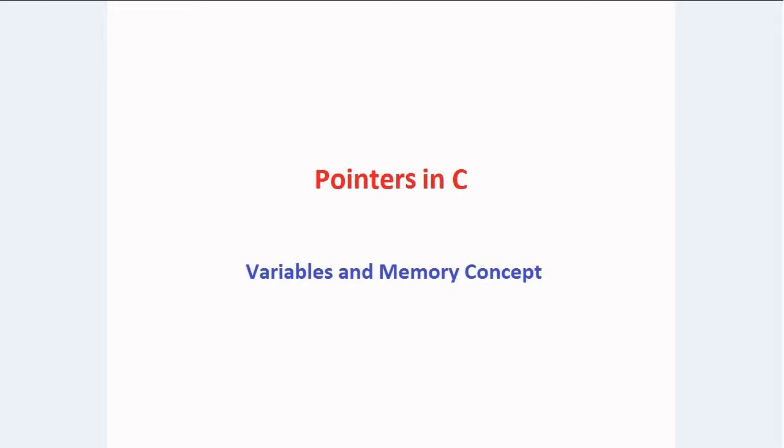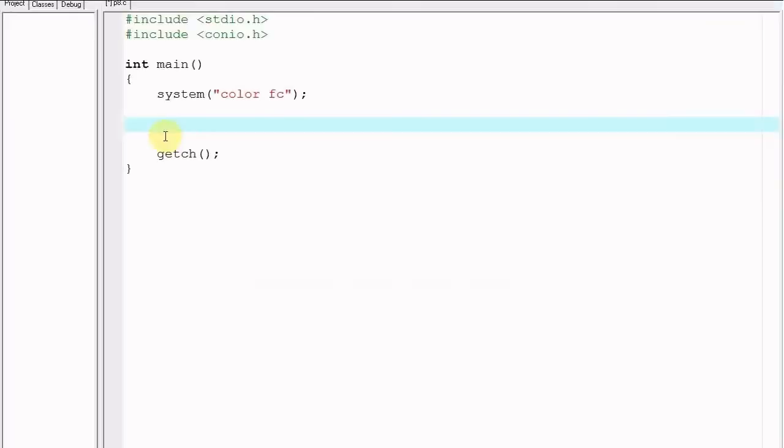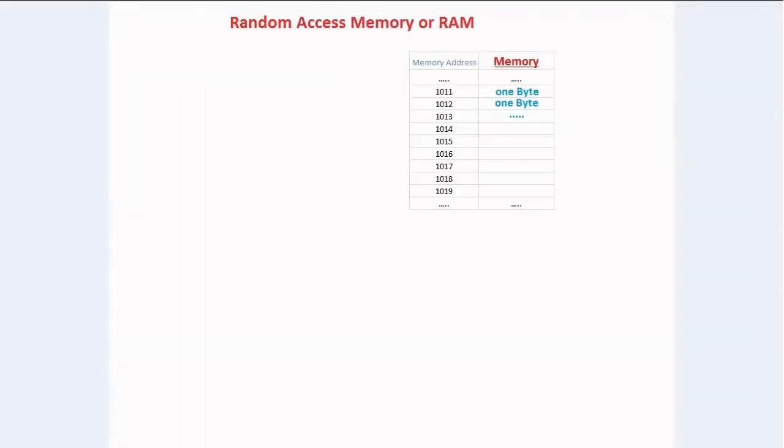Let's start pointers in C with the very basics. When we declare a variable, it is just like int a. Now we see here this is computer memory, and computer memory is divided into 1 byte each, and each byte has a memory address.